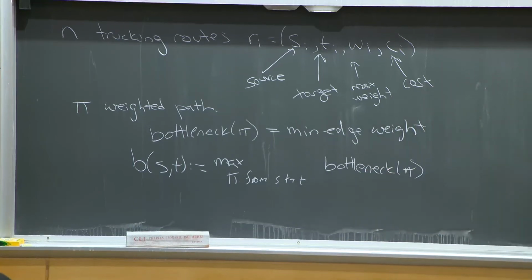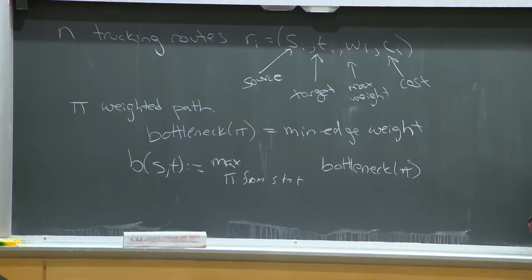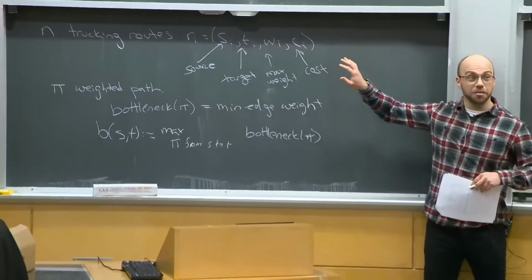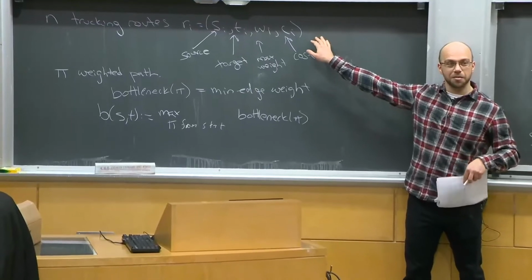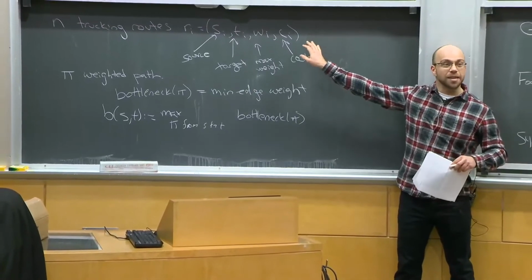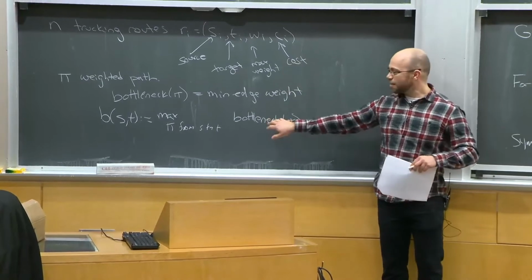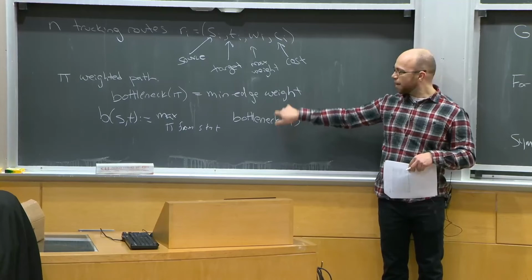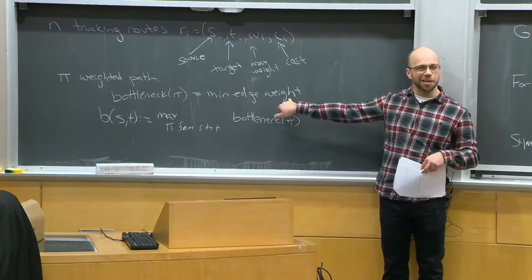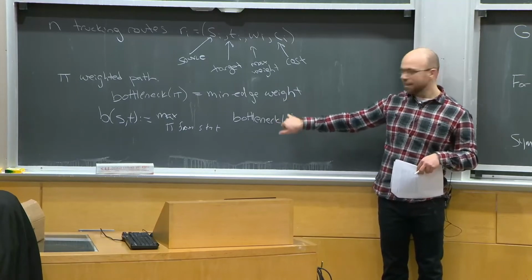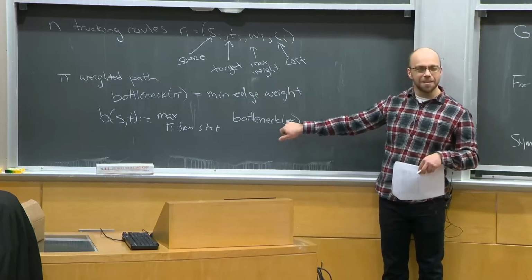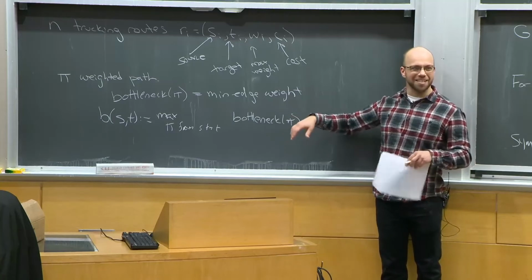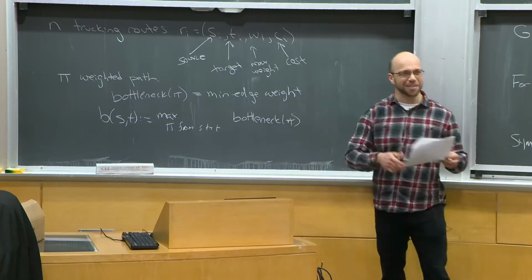Okay, so to sanity check this quantity, essentially what it's saying is at the end of the day, I have this big network of trucking routes. I just want to go from one city to another, and I don't care which series of trucks I want to use. I just want to maximize the weight that I could ship, right? And so this is saying I'm going to look at all the different paths that I could take. Each path is band limited by the one truck that has the lightest weight that it can carry. And I'm going to find the path that has the best bottleneck as measured by this quantity. Using the word best because I tend to make sign mistakes, and that's a vague term.